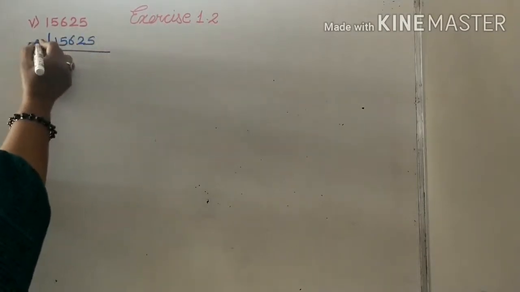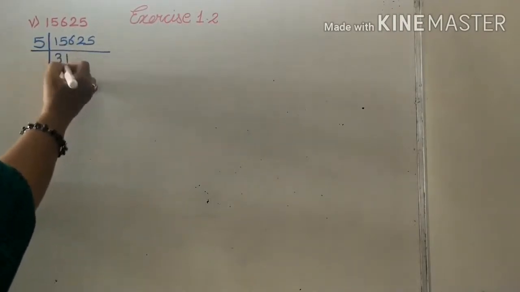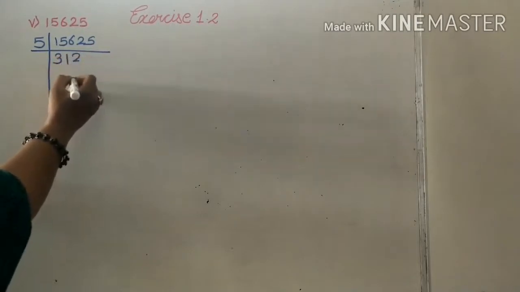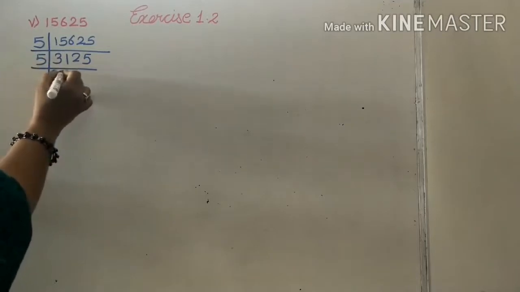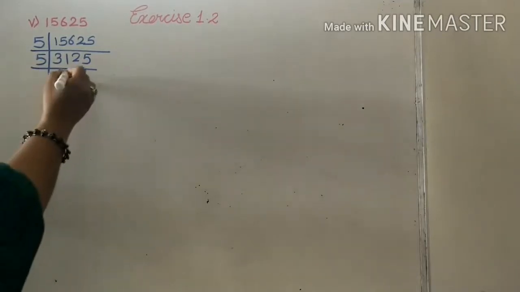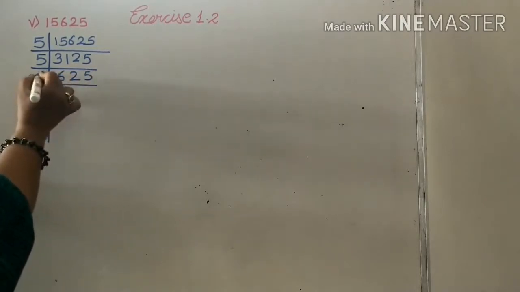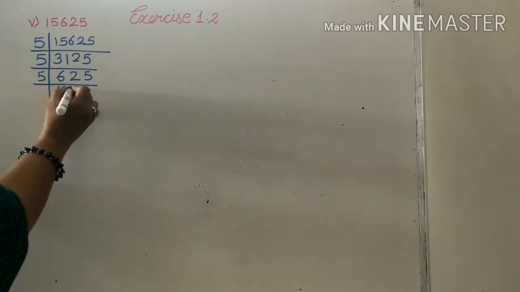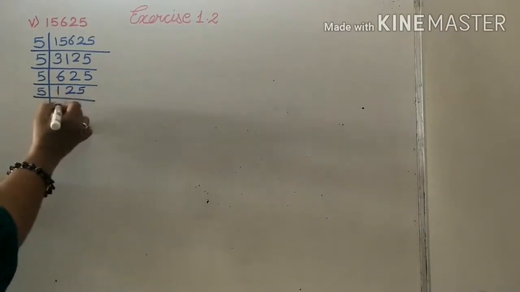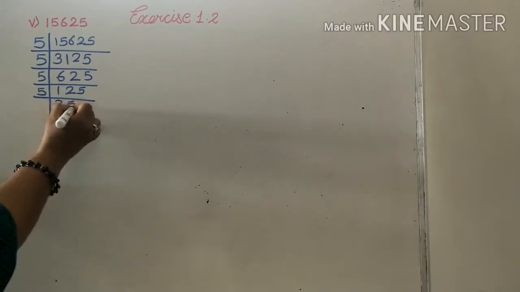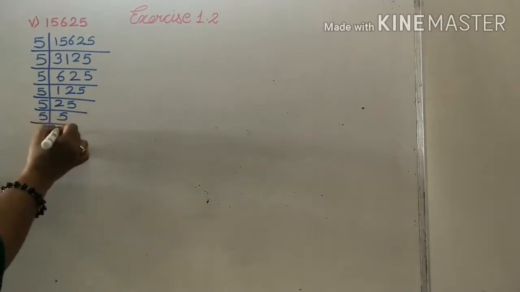15,625. We'll start with 5. 5 3s are 15. 5 1s are 5. 5 2s are 10. 5 5s are 25. Next, 5 6s are 30. 5 2s are 10. 5 5s are 25. 5 1s are 5. 5 2s are 10. 5 5s are 25. 5 2s are 10. 5 5s are 25. 5 5s are 25. 5 1s are 5.